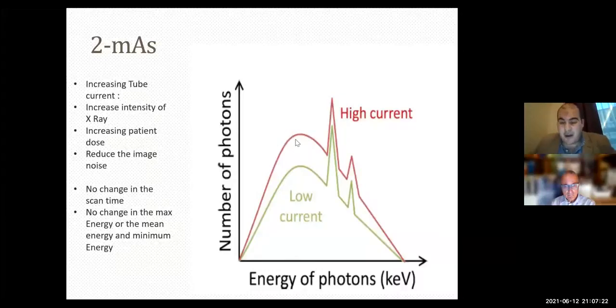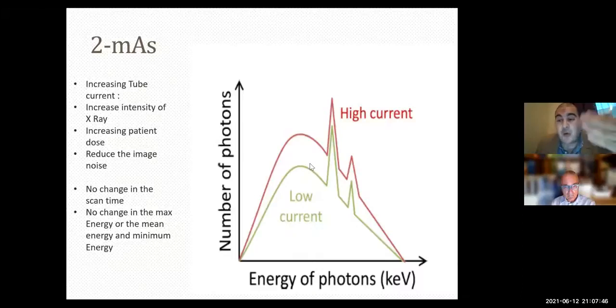Using higher current or higher milliampere increases the intensity of the X-ray, but no increase in energy of X-ray, and no increase in scan time, if I talk about milliampere, not milliampere second. So the only difference is the intensity. The mean energy is the same.